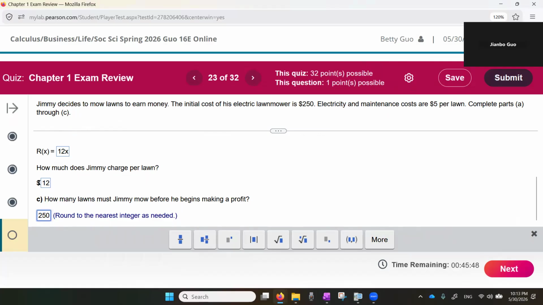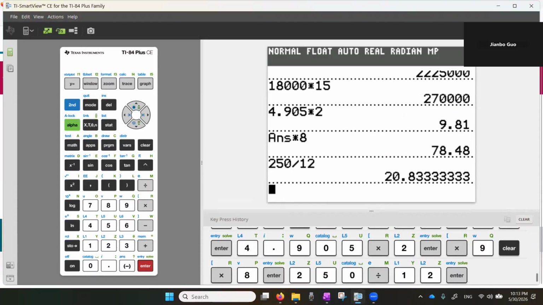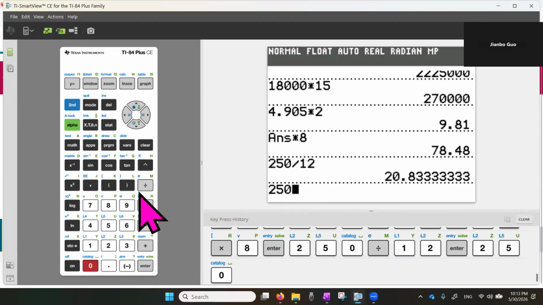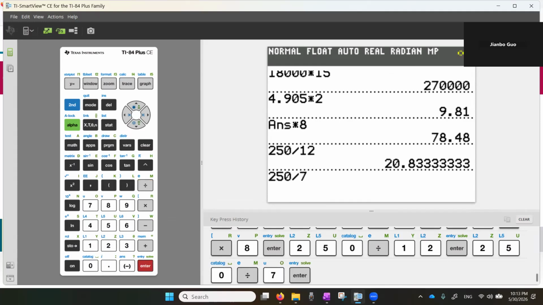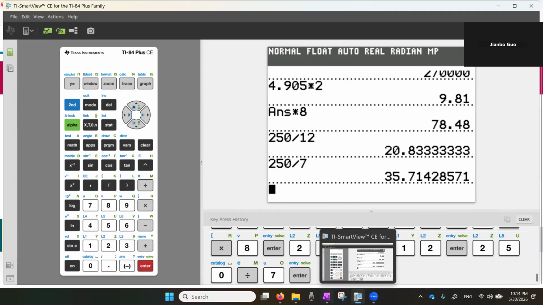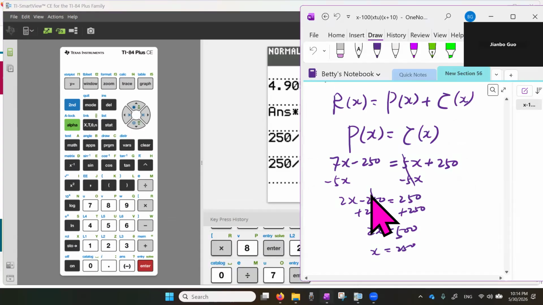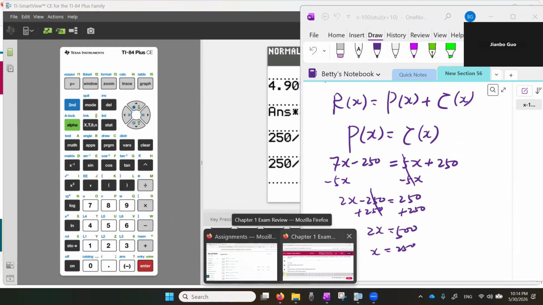So the profit, minus the 5, is actually $7 only. $7. 250 divided by 7, 35 something, let me think. 7x, profit.